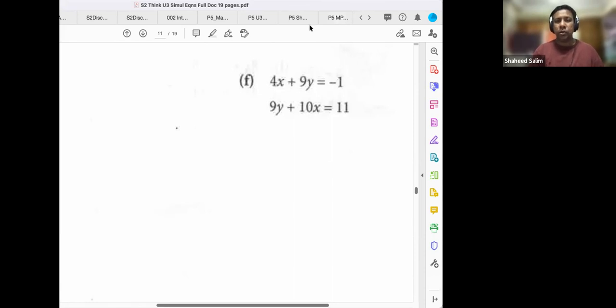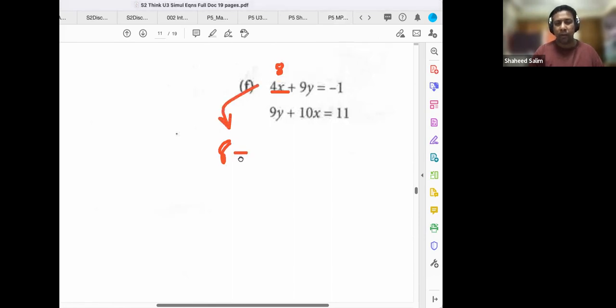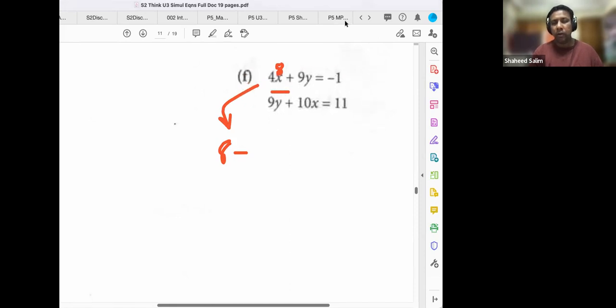You substituted in, right? You say x is 2, right? So this becomes 4 times 2 is 8. You bring over the 8. I substitute, I get 8 plus 9y equals to -1.